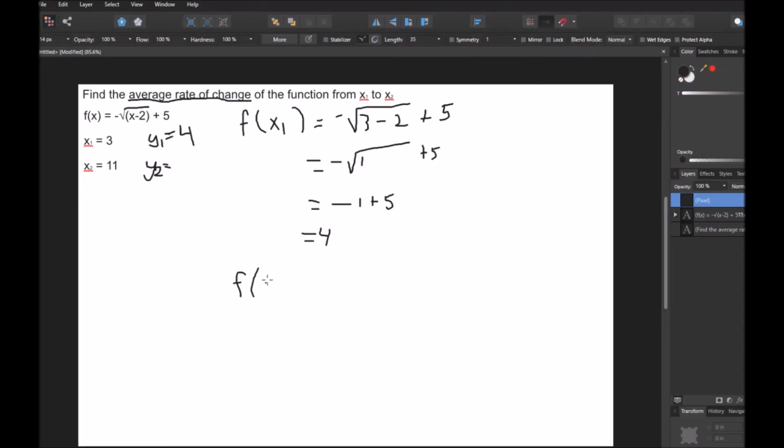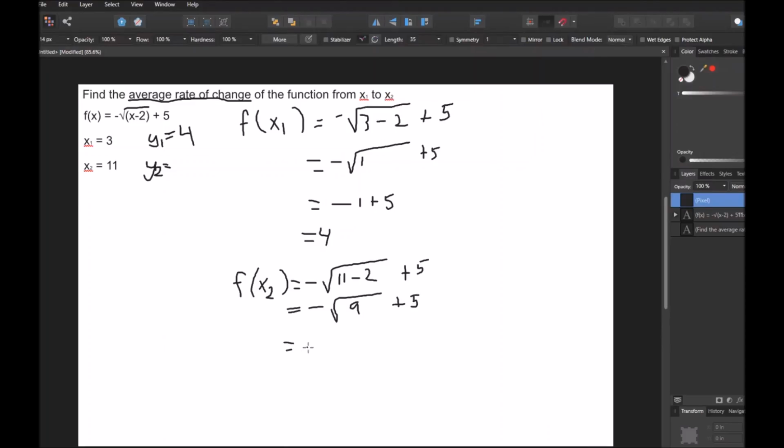Then for our f of x2, we're going to plug in 11 wherever we see x. So that's negative 1 times the square root of 11 minus 2 plus 5. So negative 1 times the square root of 9, because 11 minus 2 is 9, plus 5.